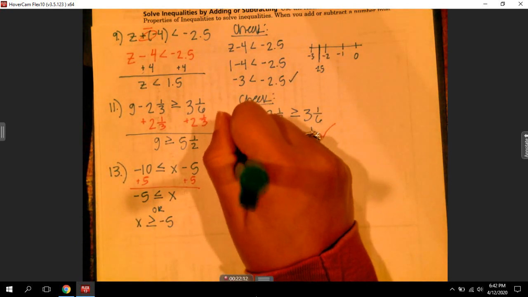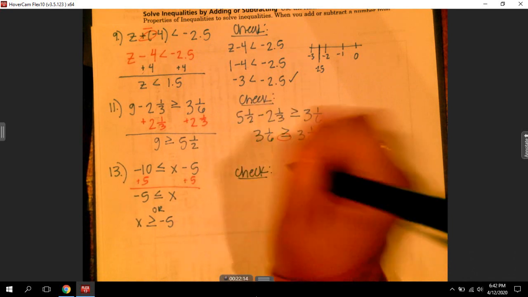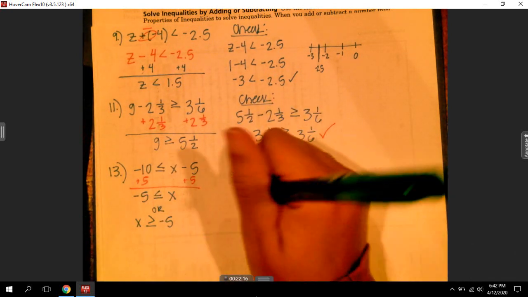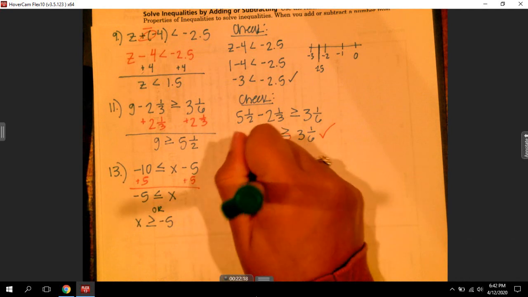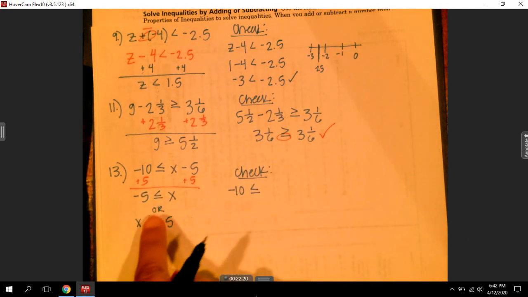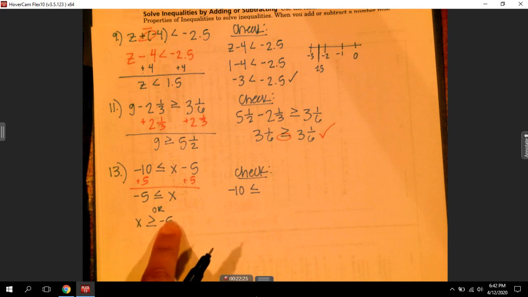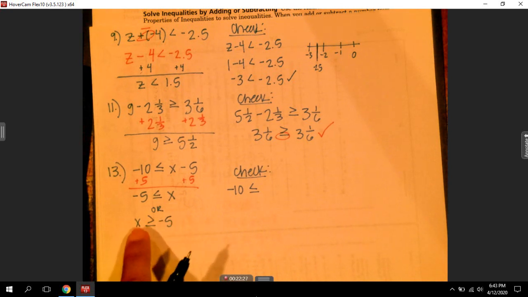So checking, I've got negative 10 is less than or equal to x minus 5. Okay, so for x, it has to be greater than or equal to negative 5. So anything that's greater than negative 5 will work for this. So let's just say 1.